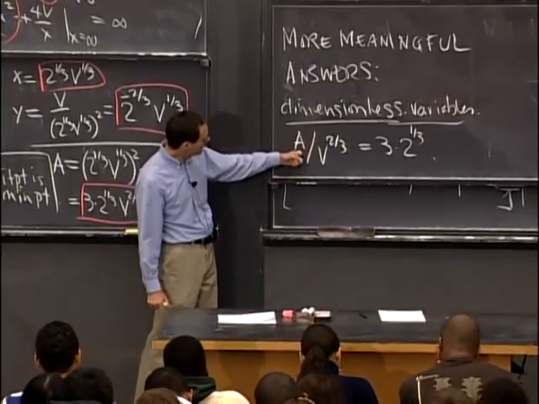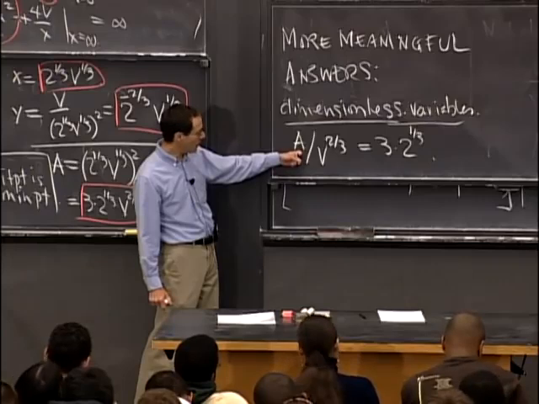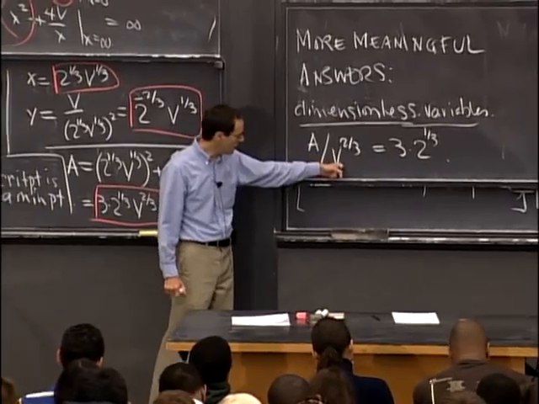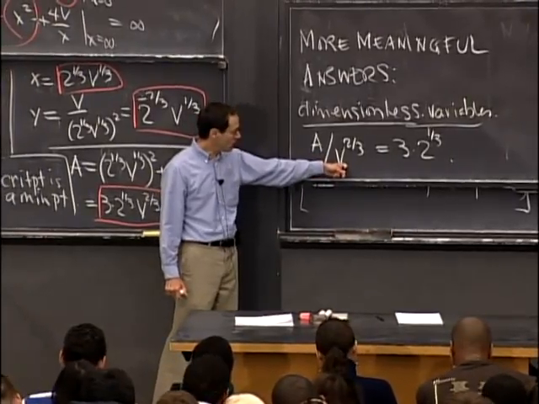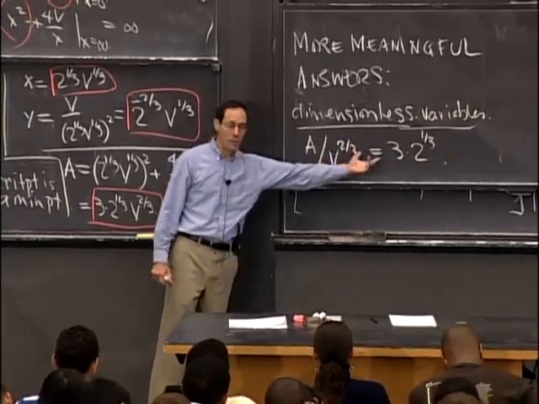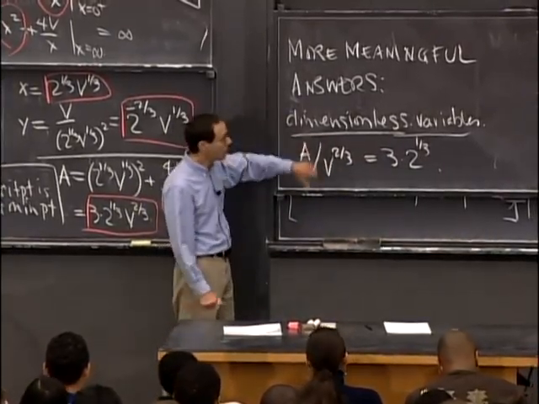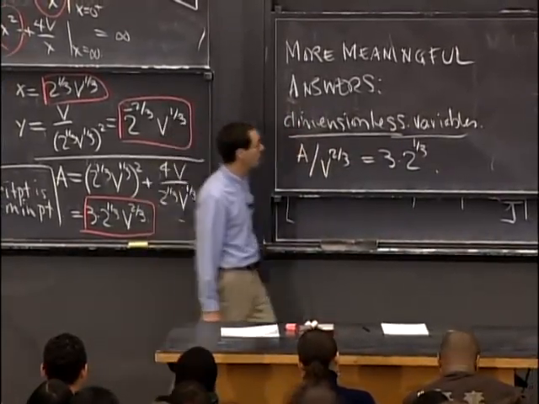And if you think of the area as being in, say, square inches, and the volume of the box as being in cubic inches, then you can see that this is a dimensionless quantity, and you have a dimensionless number here, which is a characteristic independent of what A and V were.